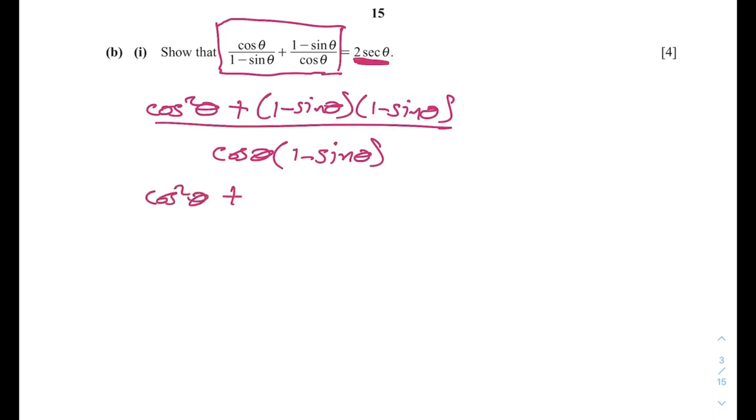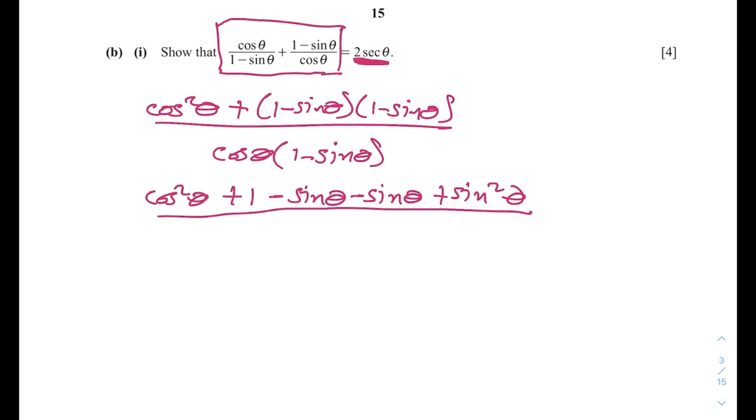That will give us 1 minus sine theta, negative sine theta, plus sine square theta. I believe I have done it right. Let's see. 1 times 1 is 1. 1 times this is that. This times that is this. This times that. Okay, we are good to go. It's always good to double check your calculation in this world before you make a huge mistake.